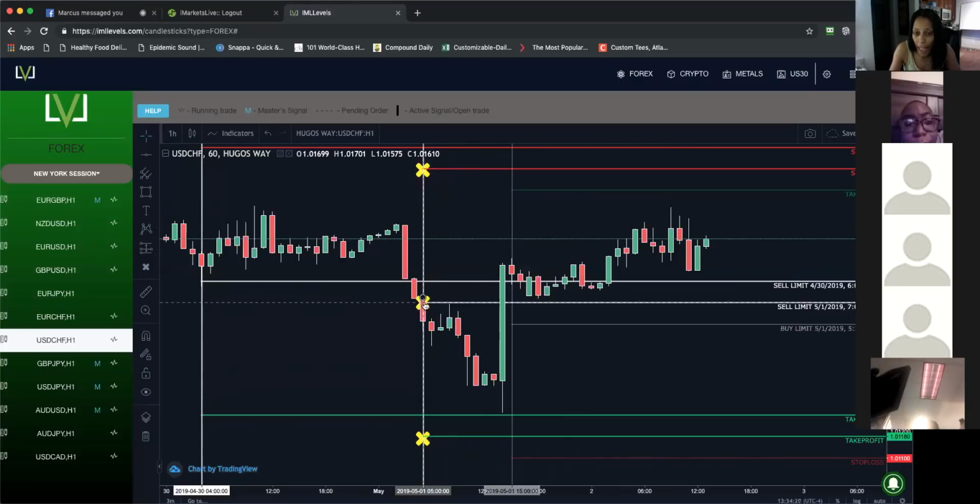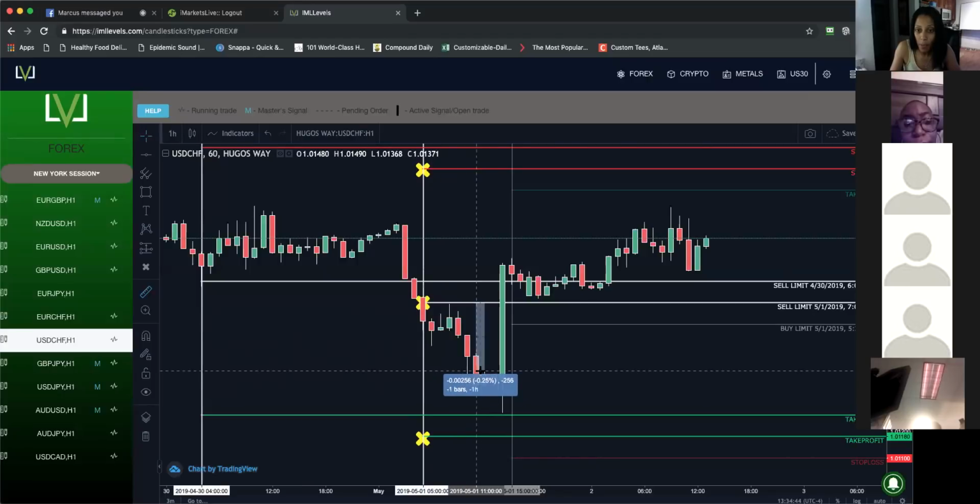Now, if you look at this, you see that price came and closed below the sell limit, which meant that at any point up until here, you could have put this trade in. All right, sell limit. So now you've got a sell limit line right here. Let's just measure how far this trade went.